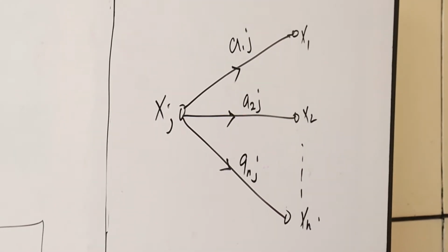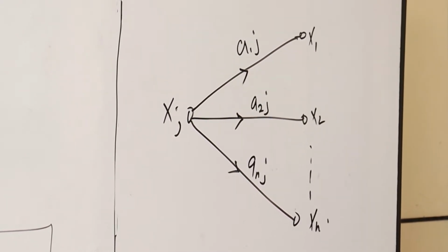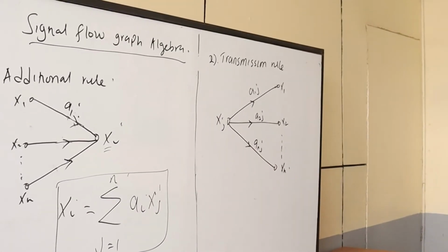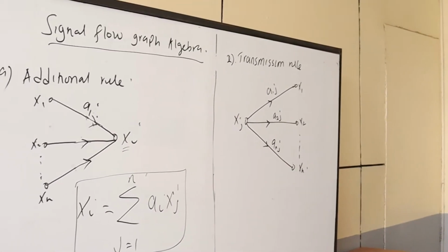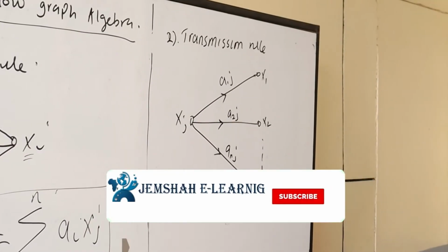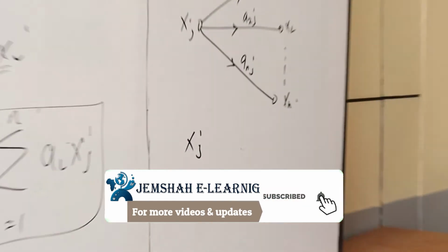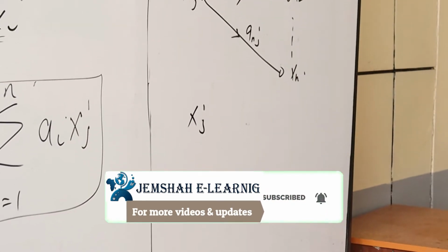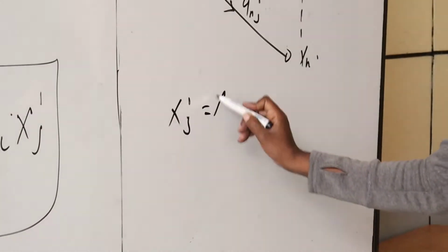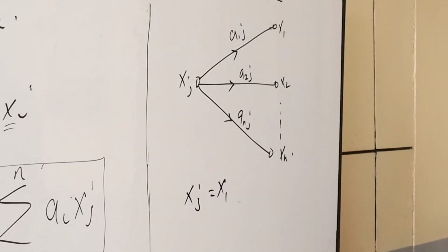When you talk of the transmission rule, it means that the value of the variable designated by the node is transmitted in every branch. Therefore, the equation can be given by x1 here, or xj, to be consistent.